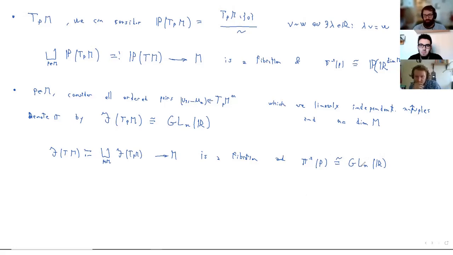For instance, GL_n you can consider as a group, but as a group it's acting on itself, right? So is this also an isomorphism of a group action, right? So an isomorphism of manifolds together with group actions. And we will need to discuss every time we talk about isomorphism, what do we mean? For now, this is not important. Just think that the structure somehow resembles the one of GL_n, okay?